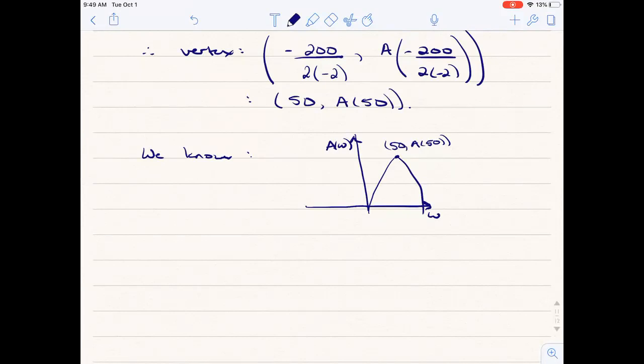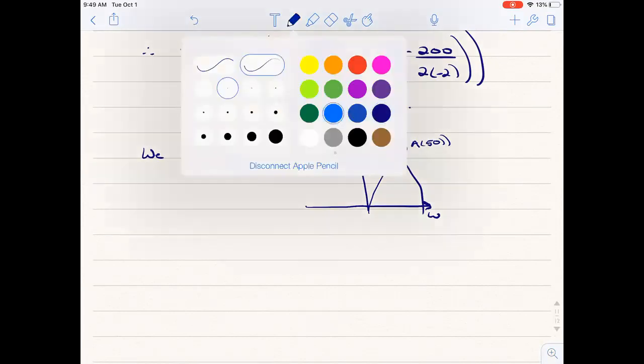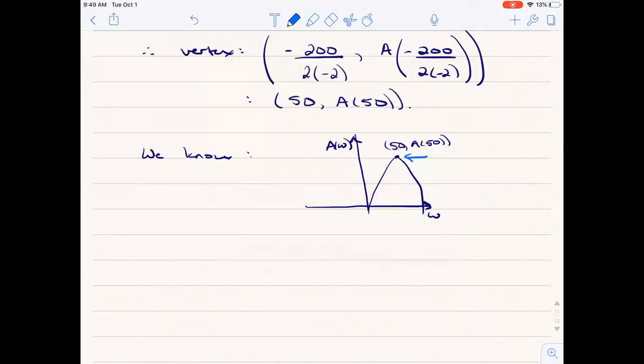And this is the maximized area at that point. So we know when the width is 50, we can solve A of 50.